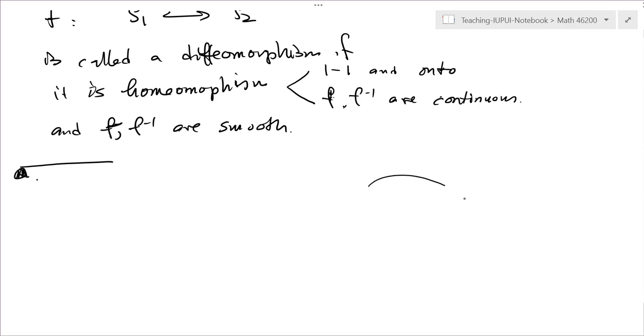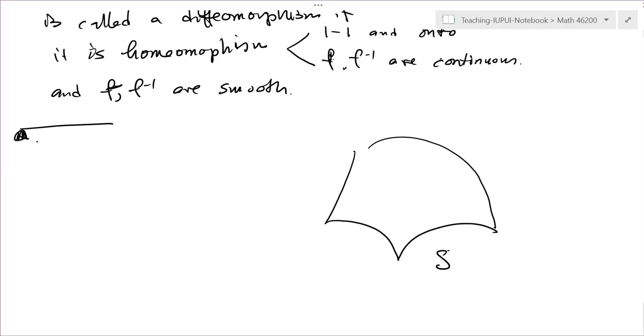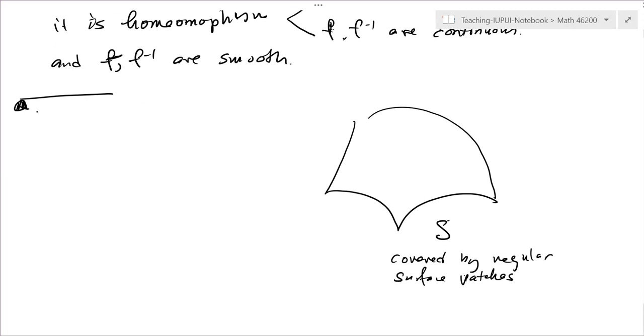Okay, suppose you have a surface. This is S. Defined in an abstract way, it's a smooth surface, which means it is covered by regular patches, maybe not unique. It's not covered by a single surface patch, otherwise it is topologically trivial. So like a sphere, like a torus, you cannot find a single one, so you have to find different ones.